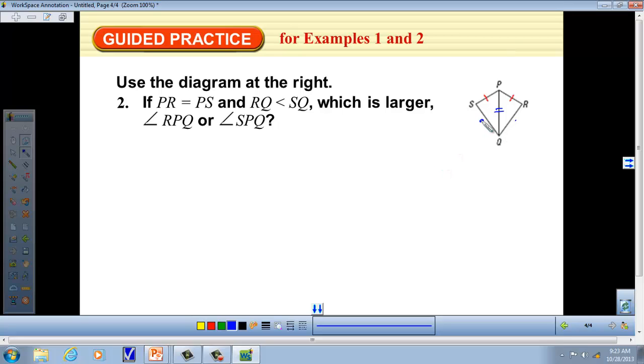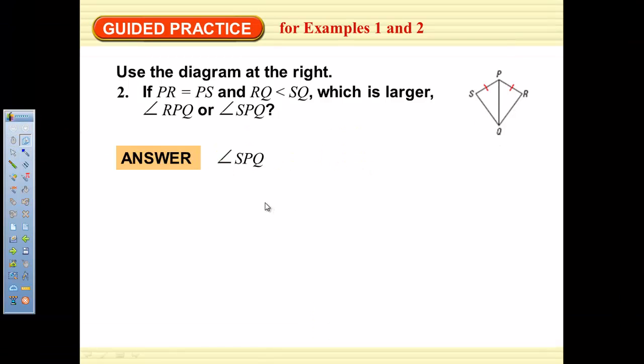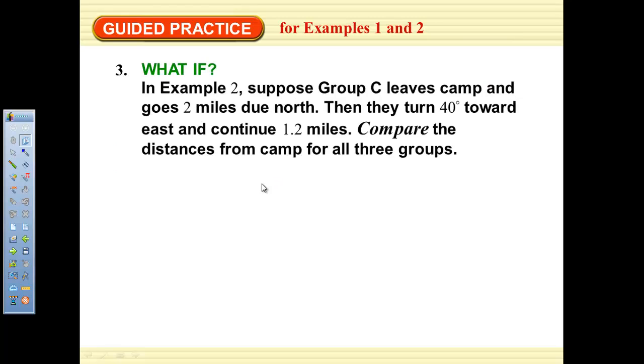So of the two angles, since QS is bigger, because RQ is smaller, we can say that SPQ is going to be bigger than RPQ. So we would say the measure of angle SPQ is bigger than the measure of angle RPQ. And again, SPQ is bigger.